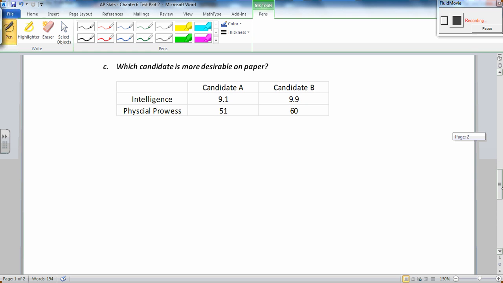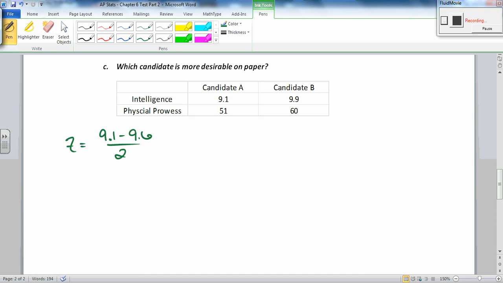For part C, it says which candidate is more desirable on paper. So what we want to do is calculate each z-score for candidate A and for candidate B. So we would say z equals 9.1 minus 9.6 divided by 2.